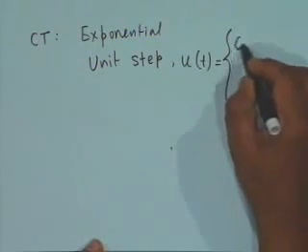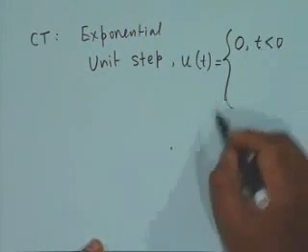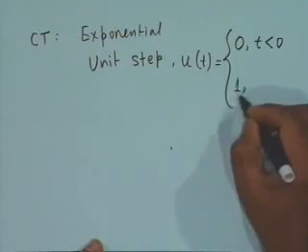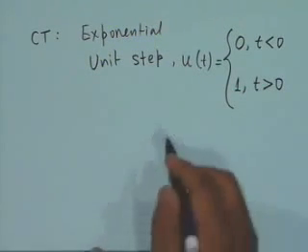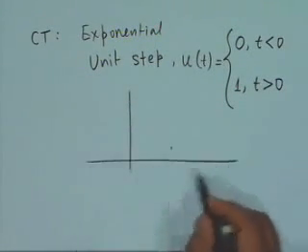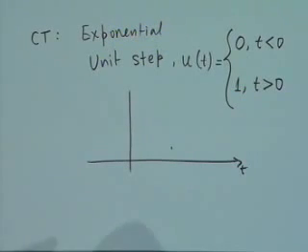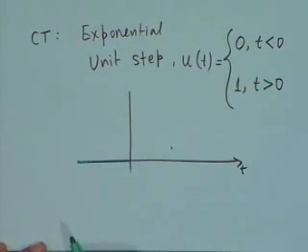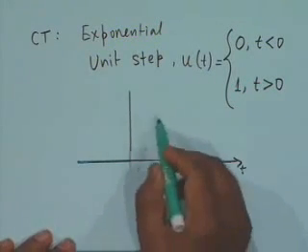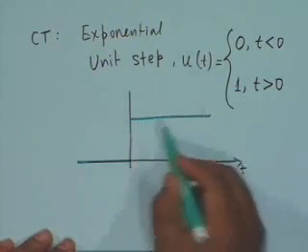It is 0 for t less than 0 and unity for t greater than 0. This is the definition of the unit step, and if you want to plot it, u of t versus t, this is small u. The plot, obviously it is 0 for t less than 0, for t greater than 0 it is 1.